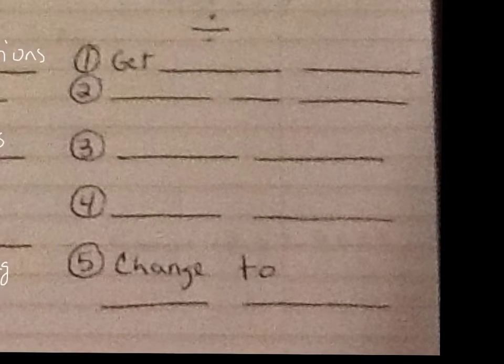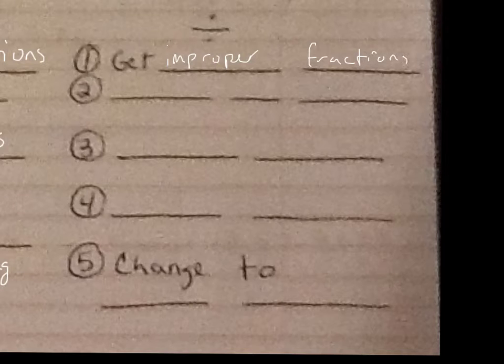Alright, so finally we got the last one, and that's division. First step of division, same thing as multiplication. Get improper fractions. Okay, it's an S there on the end. There we go. Okay, step 2. Now this obviously isn't the right way to say this, but we're going to copy dot flip.